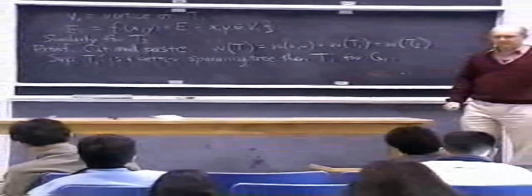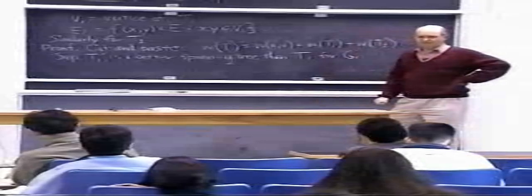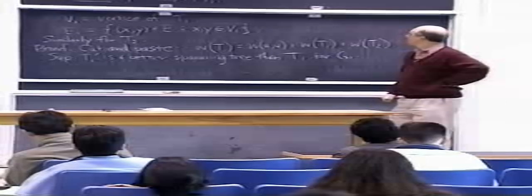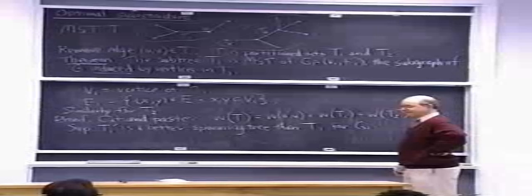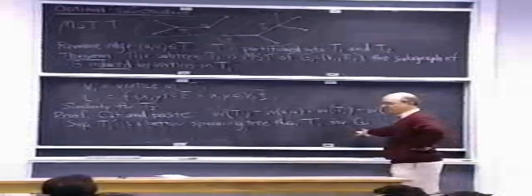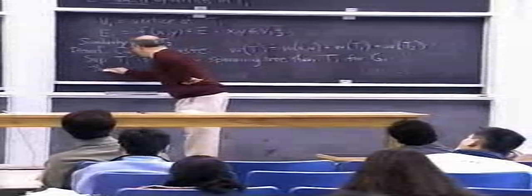What could we do? Okay, so I find some better way to connect up those vertices in that loop up there. I have a better way to connect them up. Yeah, I can make a spanning tree that's better. And what exactly would that spanning tree be? That would be T prime is equal to what? What's the spanning tree?